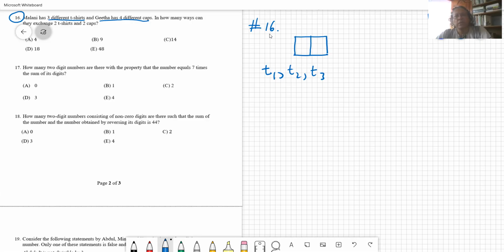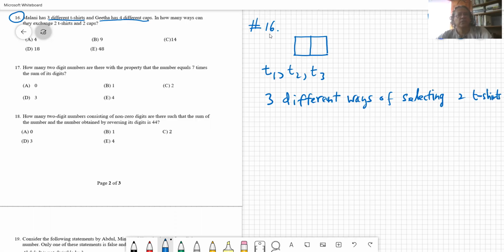So we have 3 different ways of selecting 2 t-shirts.